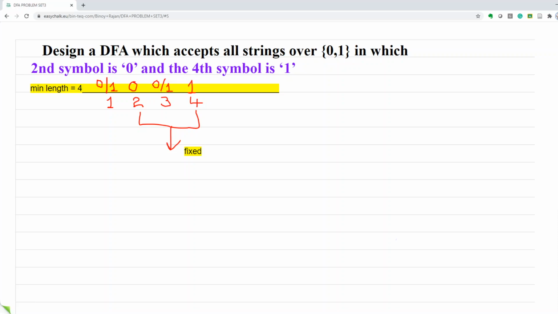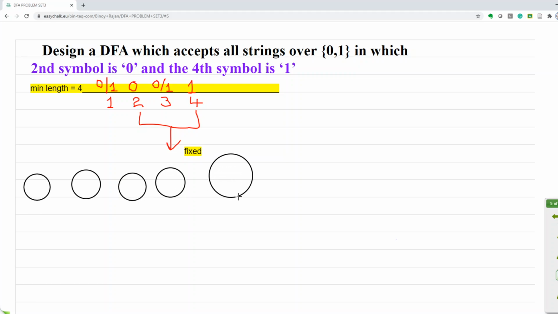So let's start with the transition diagram. So we need an initial state Q0, Q1, Q2, Q3, Q4, and Q4 is the final state, and we might need a dead state. So let's arrange the states.